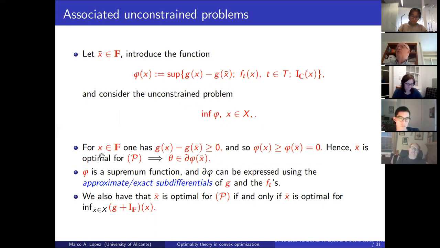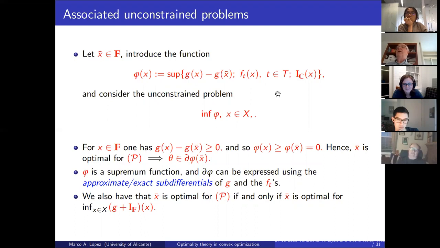It's very elementary to see that if x is another feasible point, because x bar is optimal, I have this relation here. Now I'm supposing that x bar is optimal.